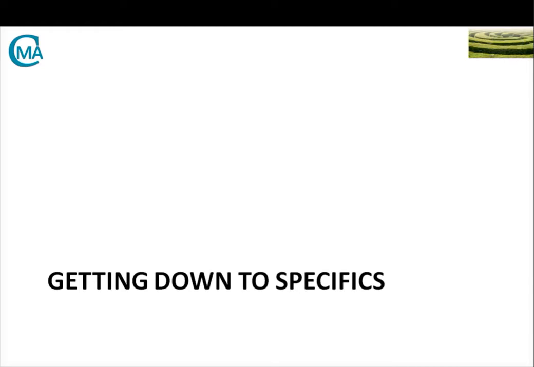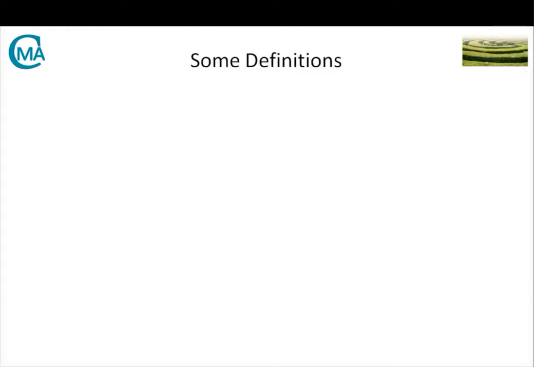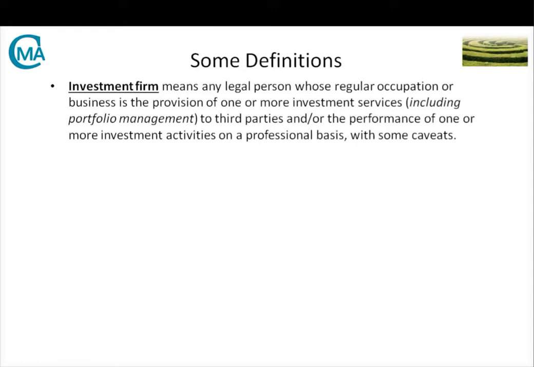So now let's get down to some of the specifics of the rules, and we can start to see why they're important. Before we get into specifics, though, let's look at some definitions. Here, this is the definition of an investment firm, which includes portfolio management firms. And this definition, as it's expressed, doesn't say EU only. This applies to any firm that performs these functions. Later, when they talk about EU investment firms, they're talking about individual applicabilities.